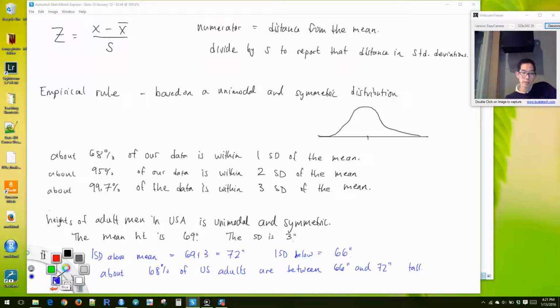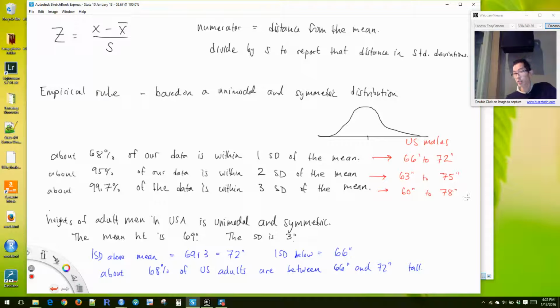All right, and we can extend this. So for U.S. males, 1 standard deviation above and below would be 66 to 72. Being 2 standard deviations within the mean, that would take us down to what and what? 63 to 75. And 3 standard deviations would be 60 inches to 78 inches, okay?